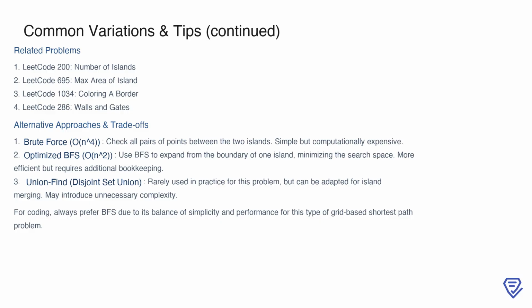This method is faster and more efficient, but it requires additional bookkeeping to manage the queue and track visited nodes. Lastly, while union find, or disjoint set union, can theoretically be adapted for this problem to merge islands, it's rarely used in practice and often introduces unnecessary complexity. Overall, BFS is the go-to solution due to its balance of simplicity and efficiency for grid-based shortest path problems.